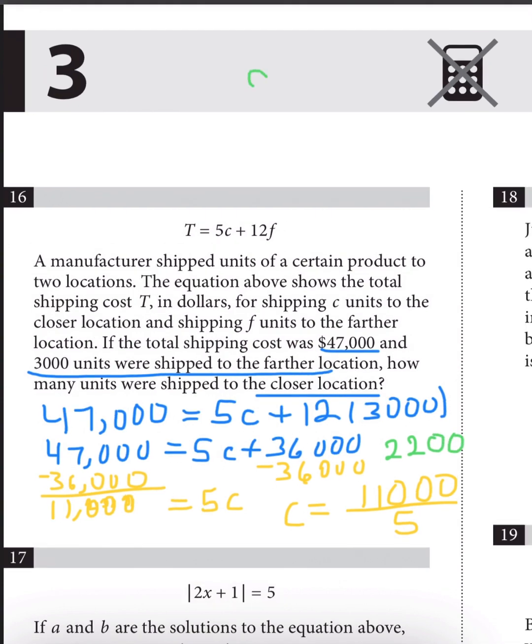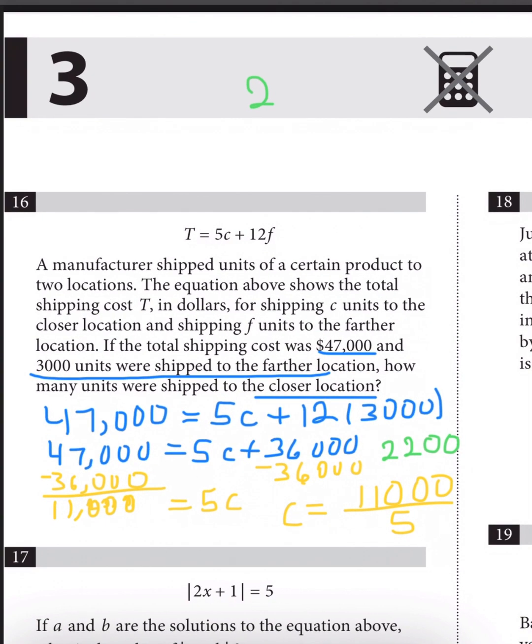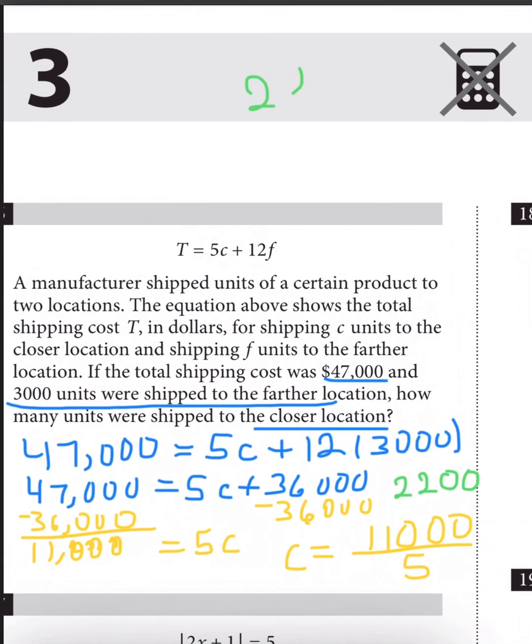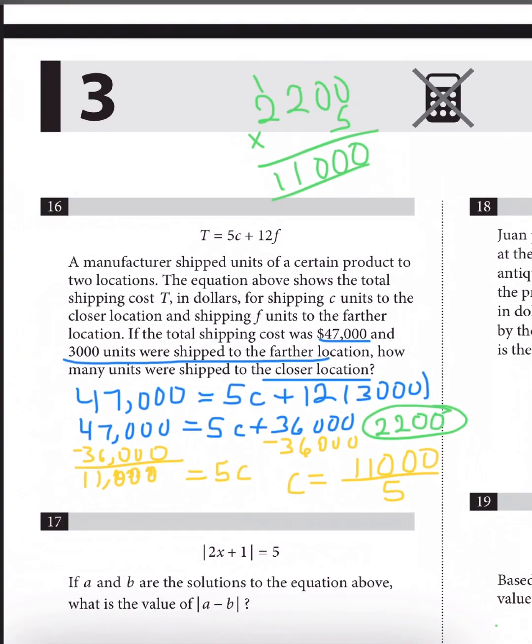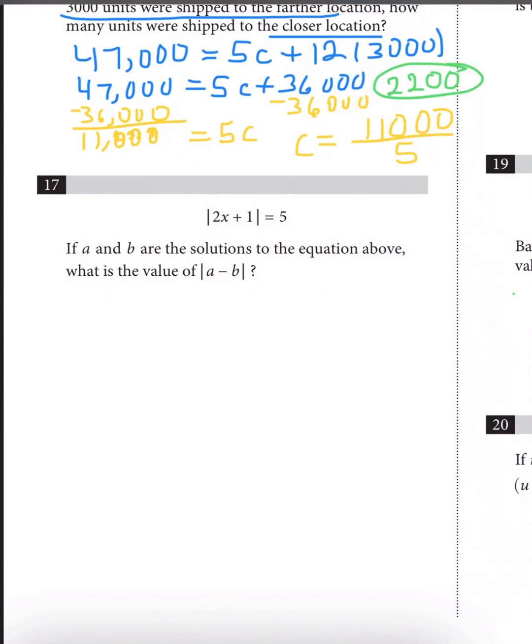To make sure I did it right, we can quickly multiply and see. Times 5, so 0, 0, then 1, 0, and then 11. Yeah, I did it right. So C is 2,200. Now let's look at this one.